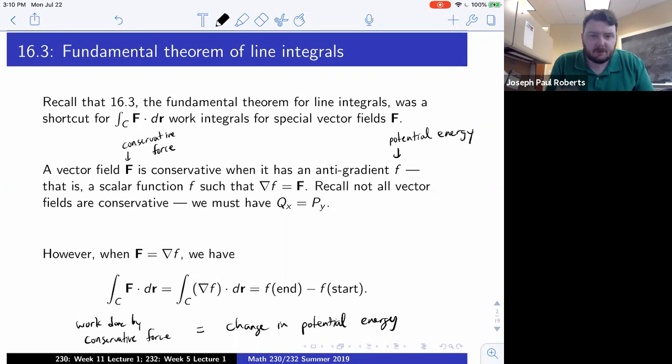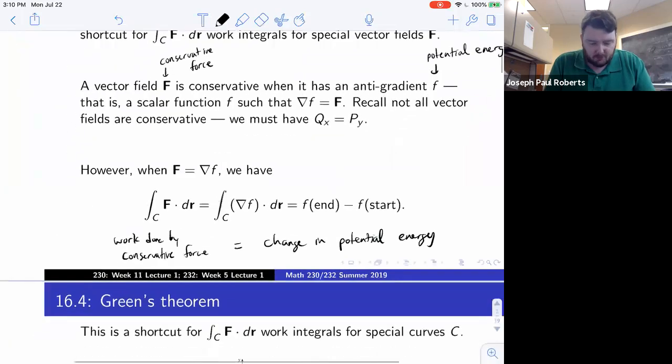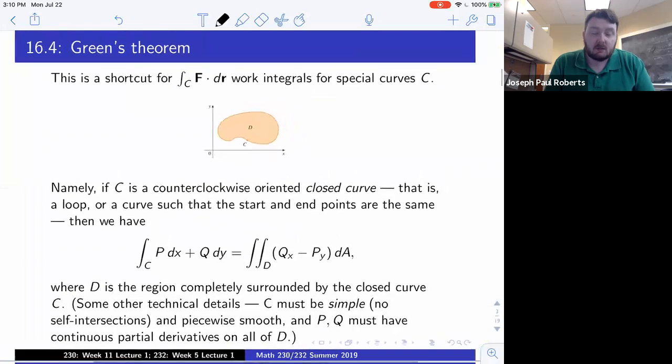Okay, so anyway, that was what we were talking about last week. So a shortcut for work integrals for special vector fields. Green's theorem, this next section, is a shortcut for work integrals, but not for special vector fields, but for special curves.